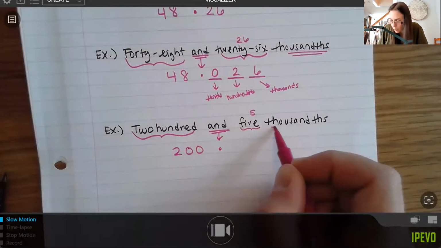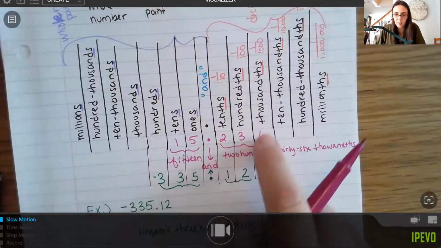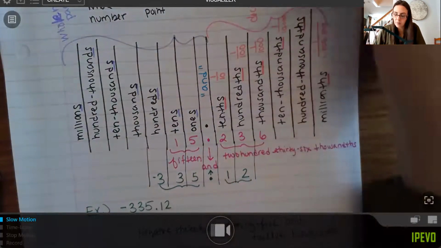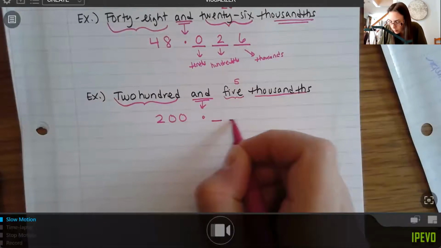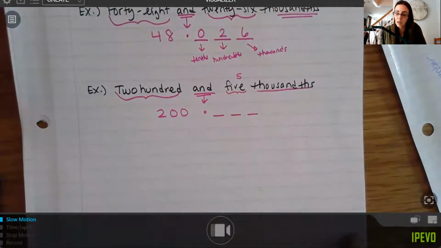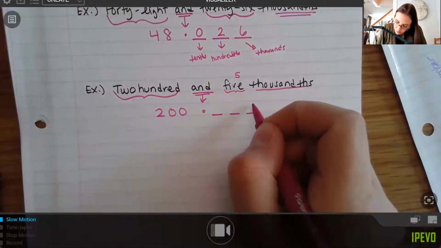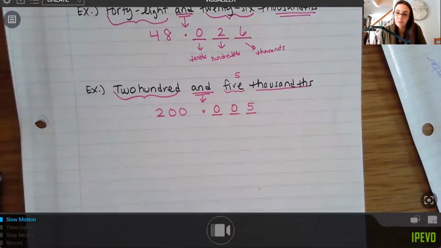But I'm in the thousandths position. So again, if you need to go back to your place value chart, how many positions is that out? Well, the thousandths position is here. So that's 1, 2, 3 spots after the decimal. Well, all I have is the number 5. So that 5 has to end in the thousandths position, and then I fill in with zeros.